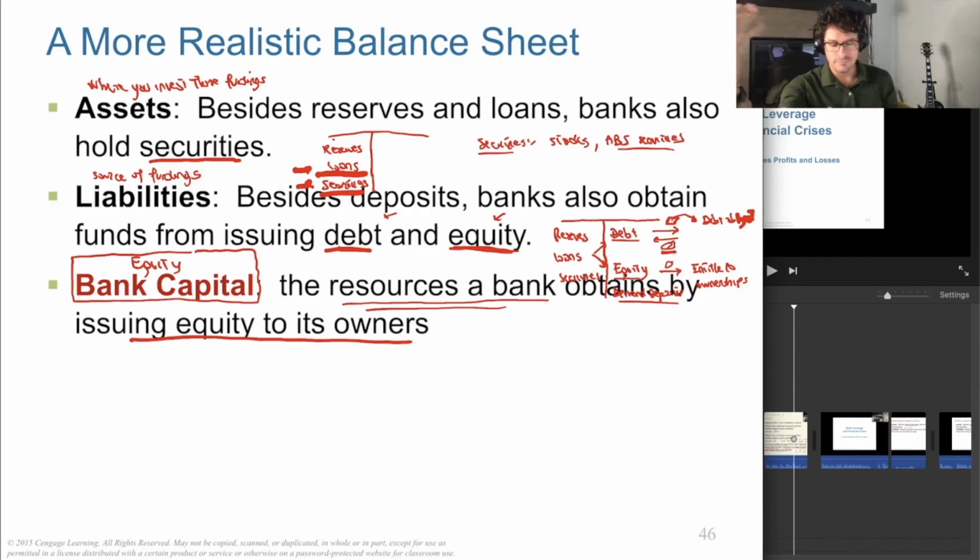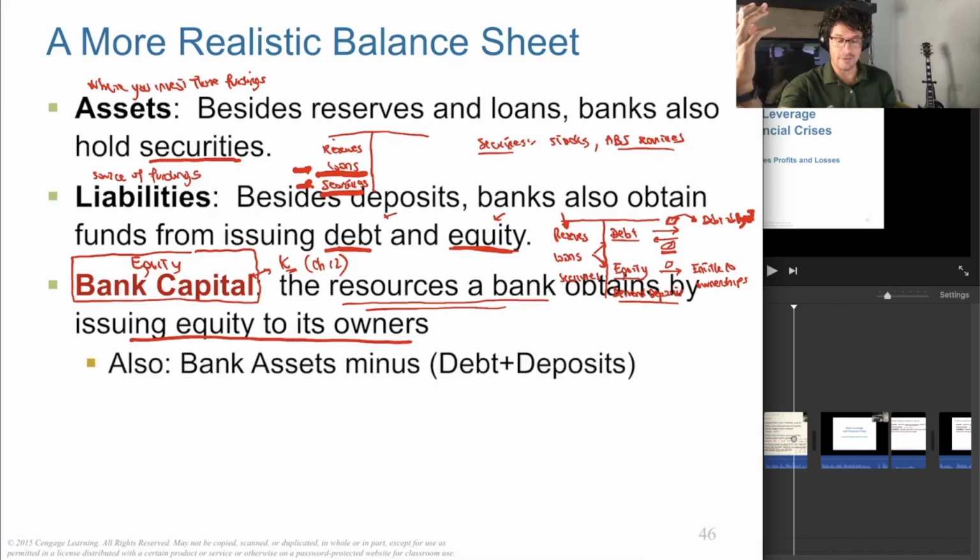They call it bank capital in corporate finance. I think it's very confusing, but when you hear about bank capital, please do not confuse it with the physical capital K that we have seen in chapter 12. That is something that will be an investment on the left-hand side. It will be assets.